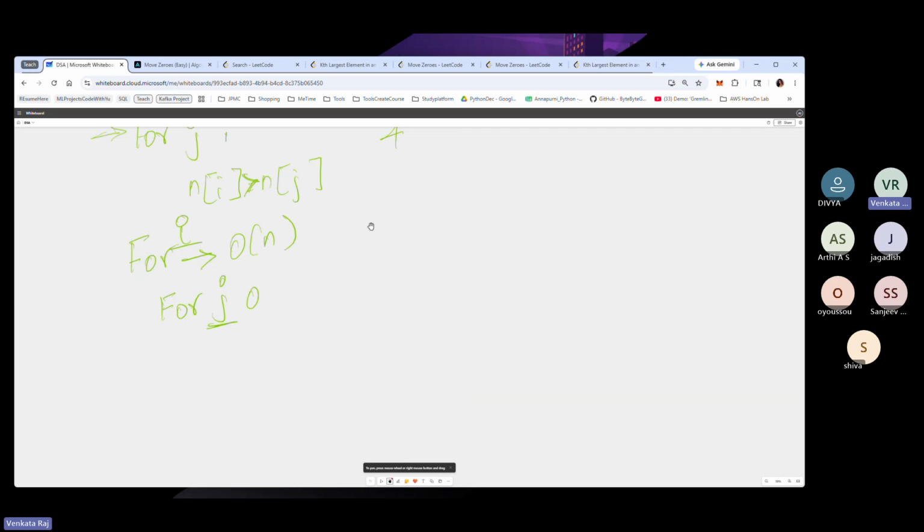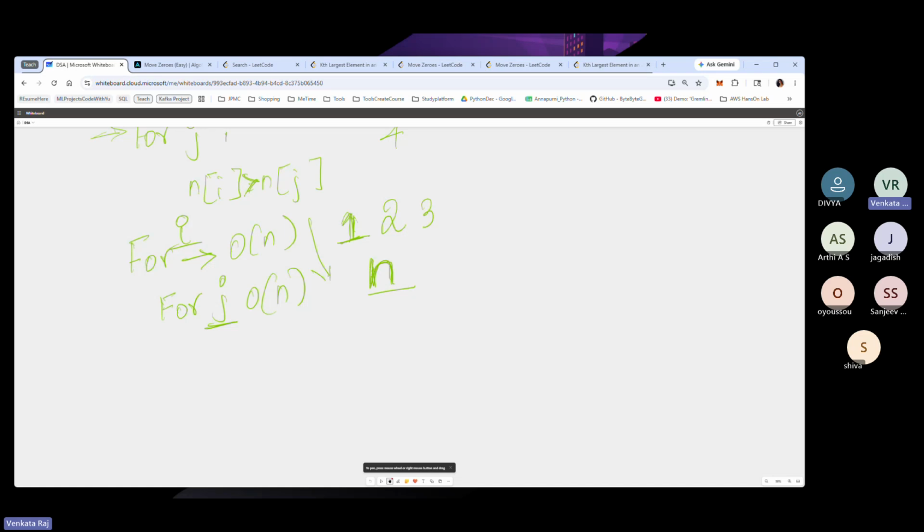So for every one element, you are going through all the n elements. For example, take the first element in the array: for j, you go through all the n elements in the array. For the second element, again you go through all the n elements, and for the third element, again all the n elements.